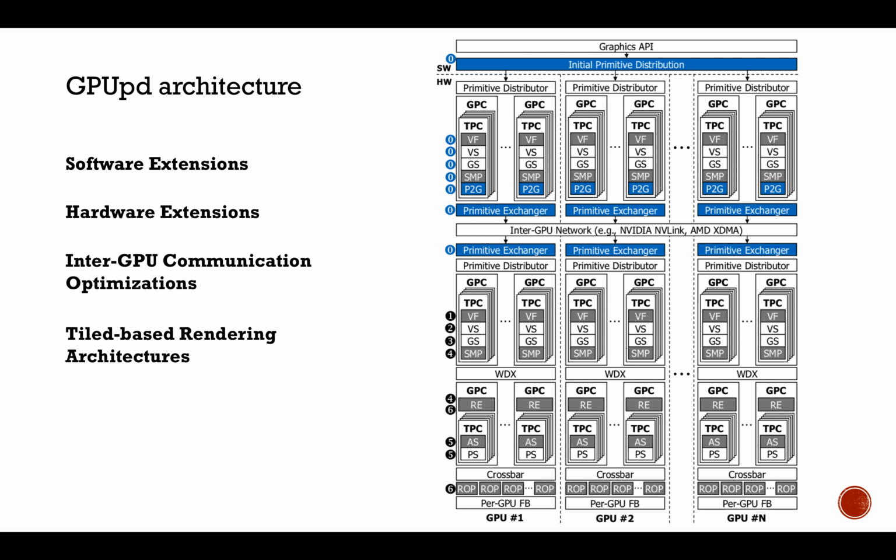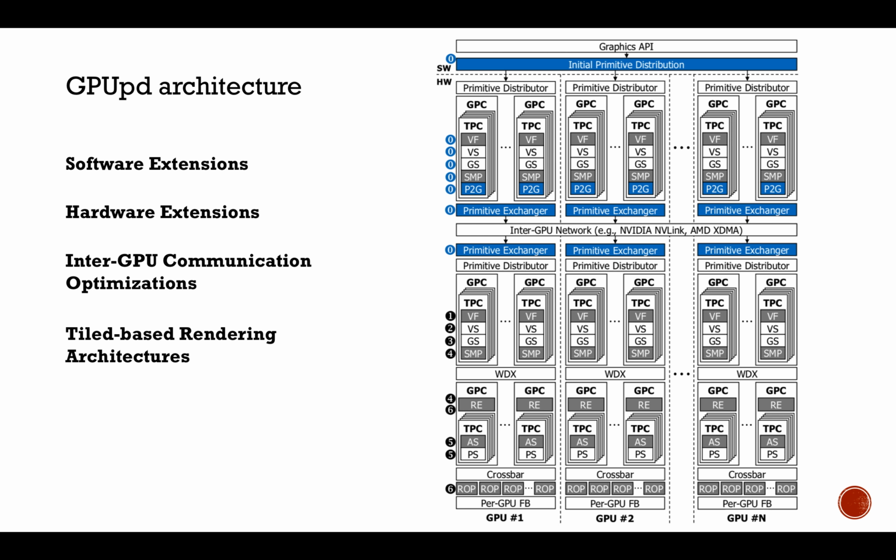For the second part, hardware extension. First, because a GPU needs to identify the list of GPUs demanding a primitive to correctly process its frame region, a new hardware unit is necessary, since the baseline GPU microarchitecture lacks relevant hardware units. Therefore, GPUpd adds a primitive-to-GPU mapper, or P2G unit, to each PME.